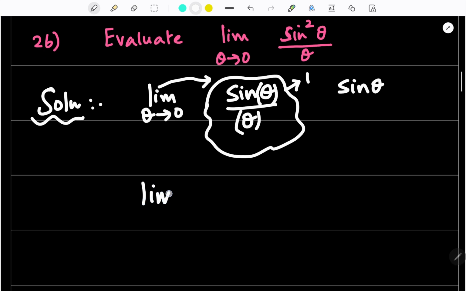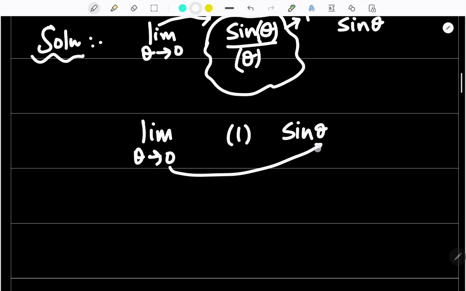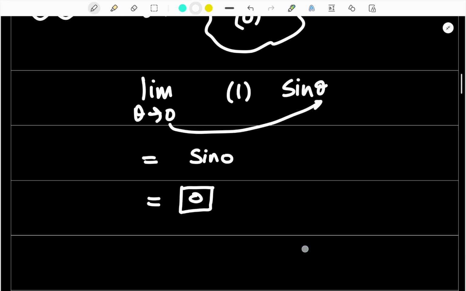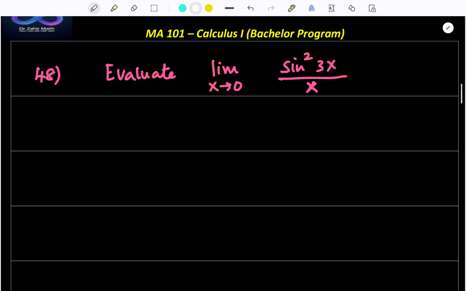So this is 1 times sine theta. If theta tends to 0, sine 0 is 0. You can check in the calculator using radian mode or degree mode, right? Yes, clear. So simple.